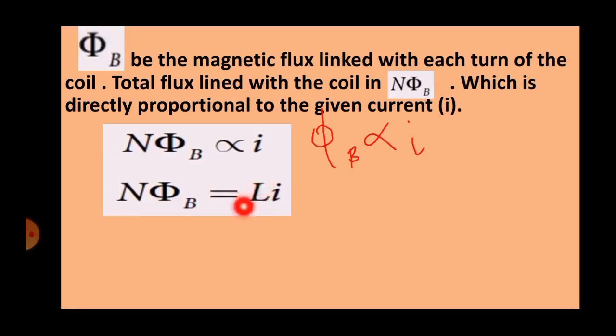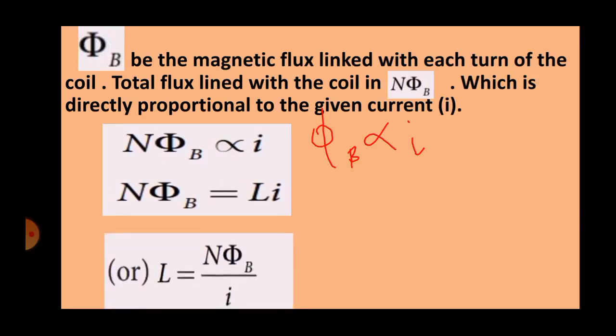It is the constant of proportionality, called the self-inductance of the coil, also called the coefficient of self-inductance. So L is equal to N phi B divided by I. This is the formula of self-inductance.